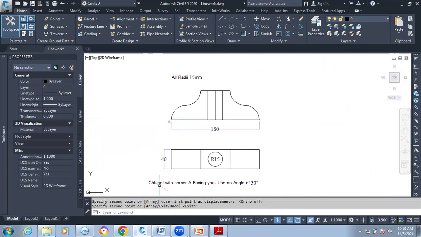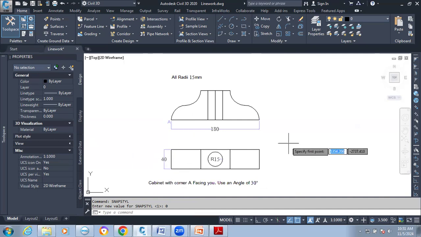The instruction for this one is a cabinet with corner A facing you, using an angle of 30 degrees. Because it's a cabinet, the receding side will be half the given length. So where you have this 40 going back, you'd have 20.